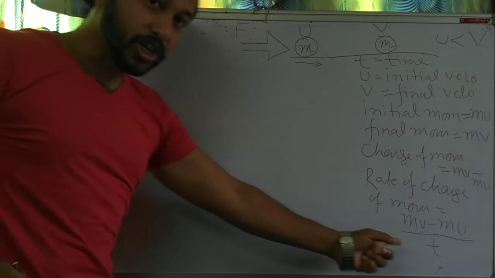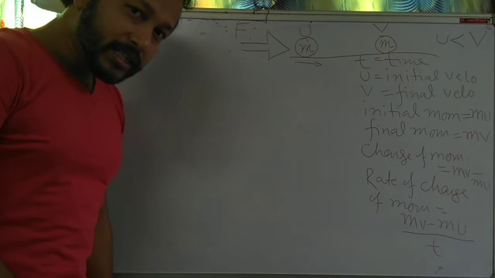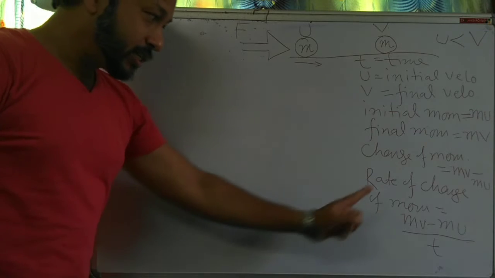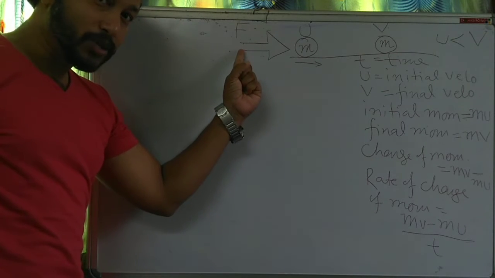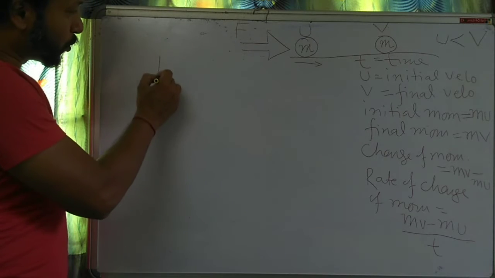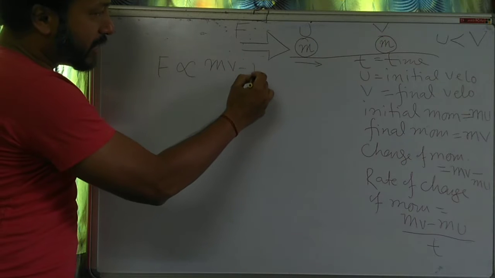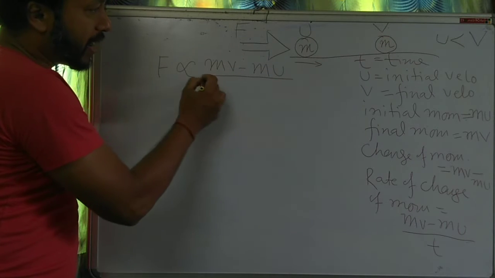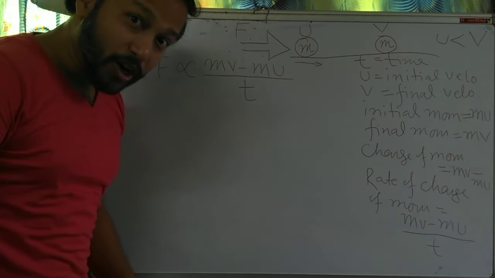Yes, this is the rate of change of momentum. According to Newton's second law of motion, this rate of change of momentum is directly proportional to this force. Yes. So force proportional to mv minus mu by t. Got it? This is what Newton's second law says.